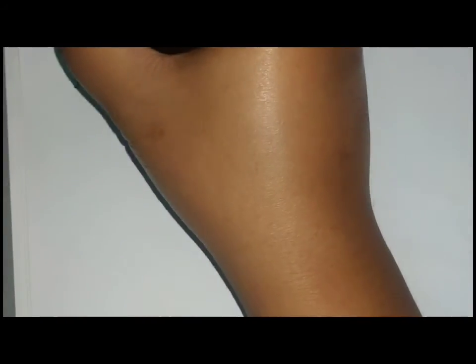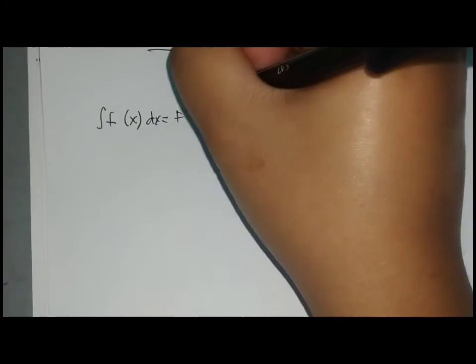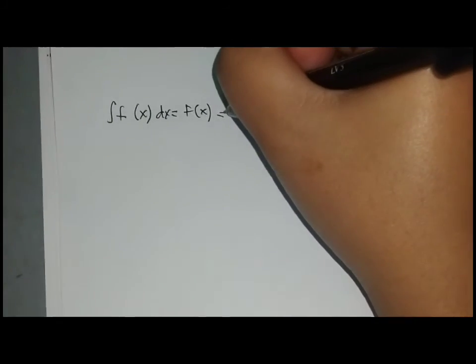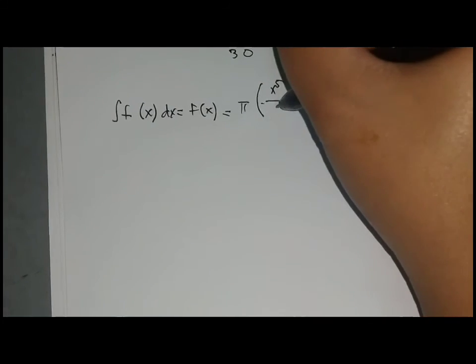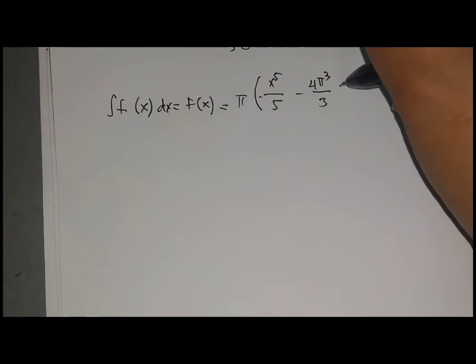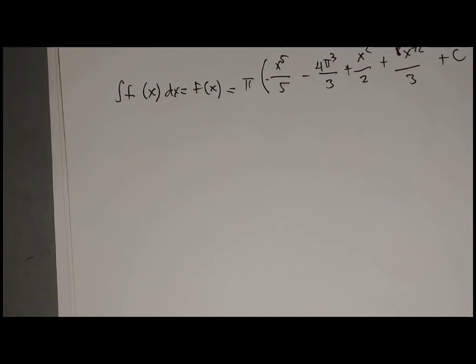In the antiderivative computed by Maxima, integral f of x dx is equal to F of x, which is equal to pi times (negative x to the fifth over 5 minus 4x cubed over 3 plus x squared minus 2 plus 8x to the power of 3 halves over 3) plus c.